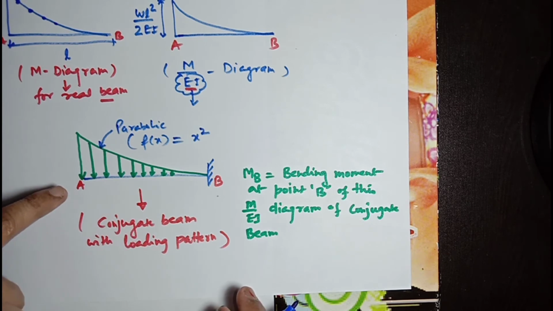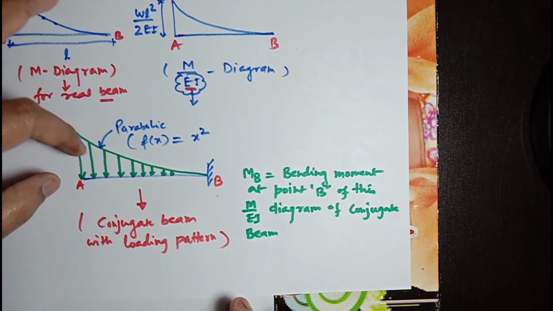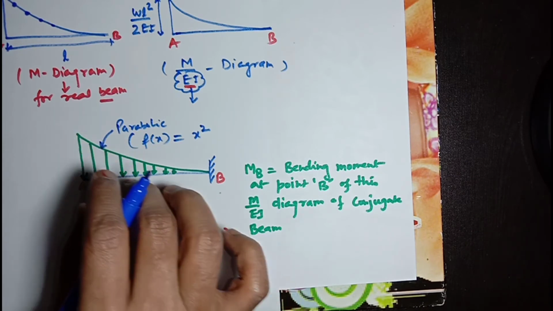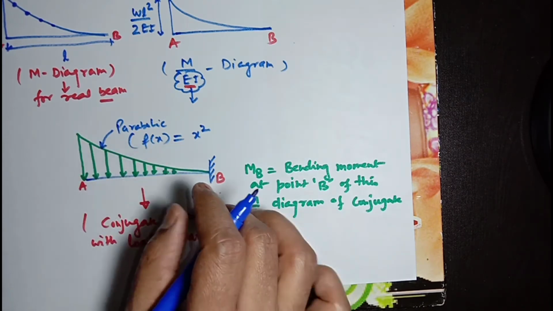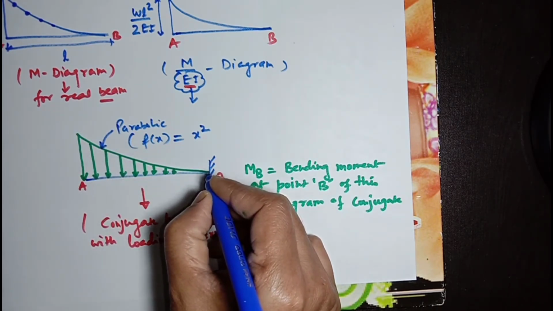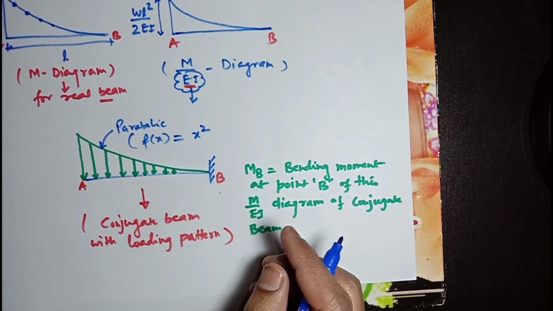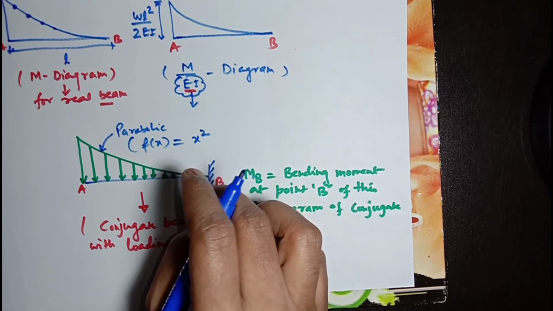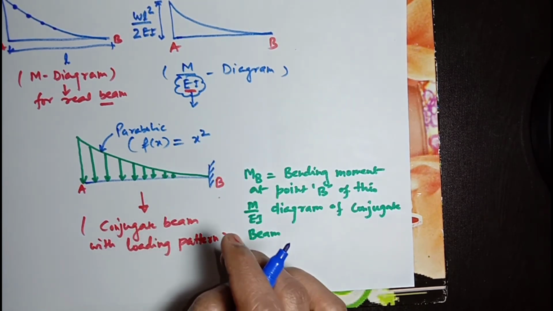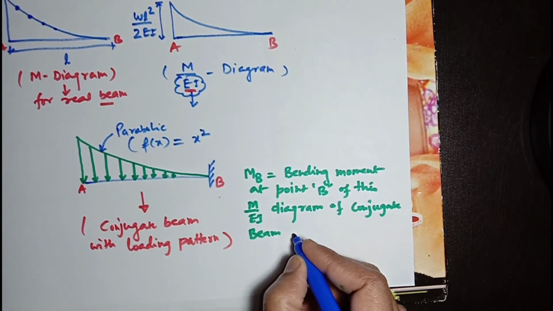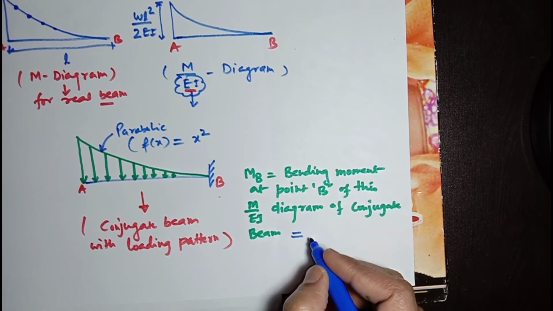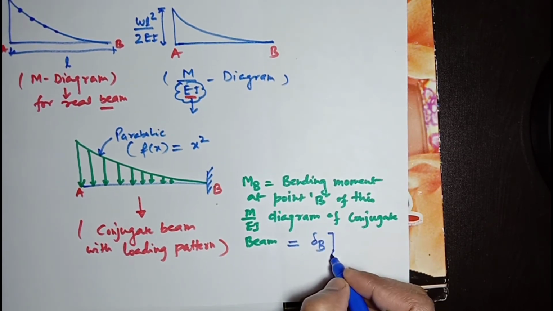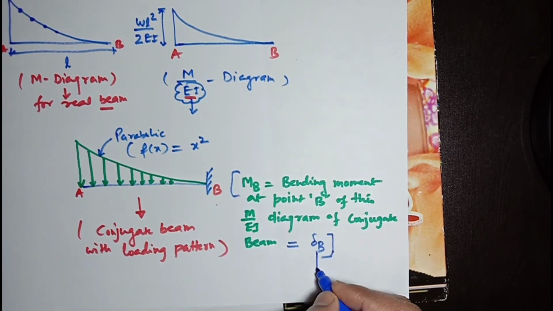Now the area of this loading diagram multiplying with the centroid will give directly the bending moment at point B. So if we are able to find MB, it will directly give deflection delta B for real beam.